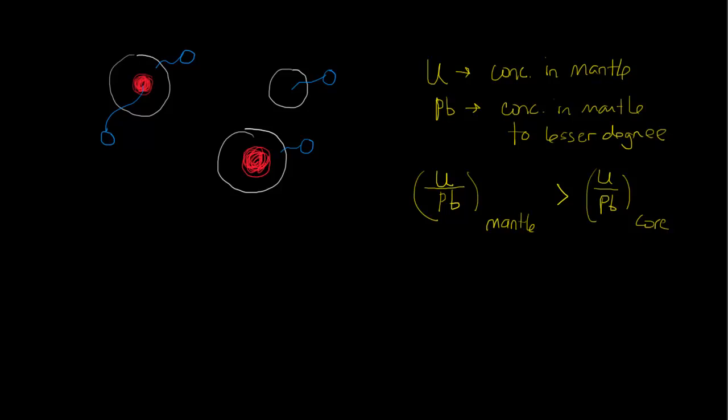So for example, let's give it a color here. This meteorite here has a higher uranium-lead ratio than this meteorite here, because this one comes from the core and that one came from the mantle.